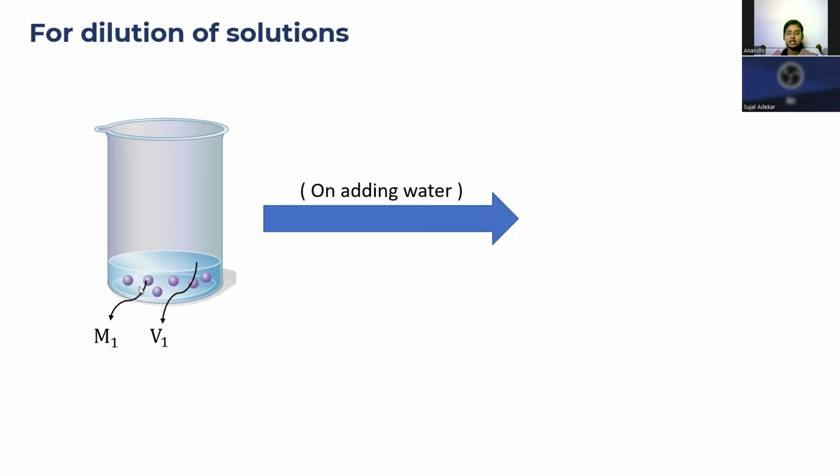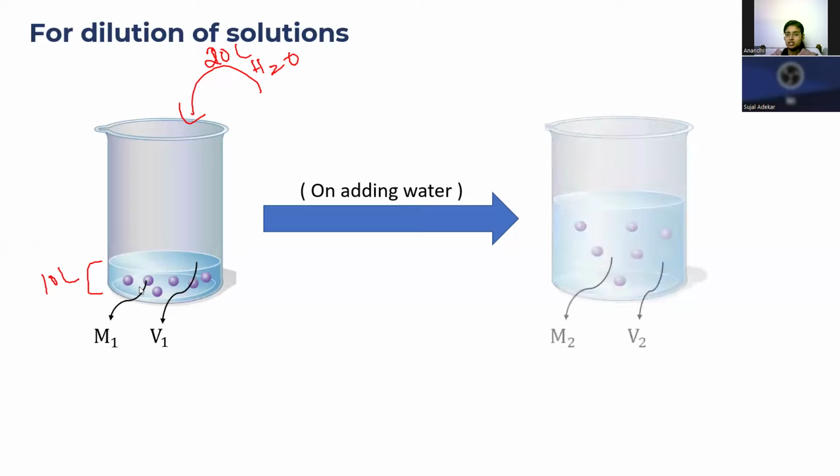Initially the volume may be 10 liter, and if I add 10 more or 20 liter of water, obviously the final volume will change. So you see, the volume is changing from V1 to V2.